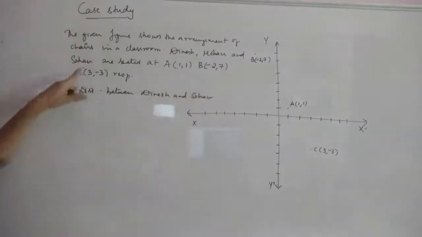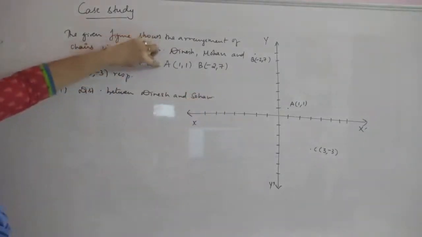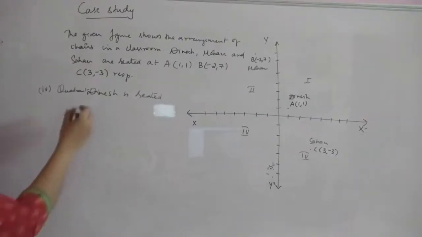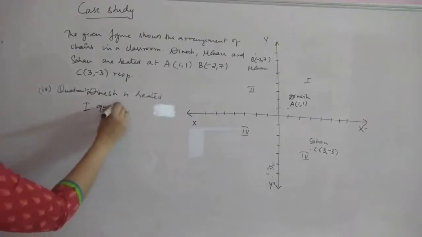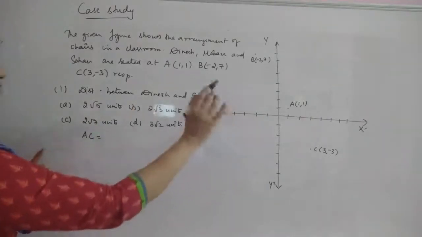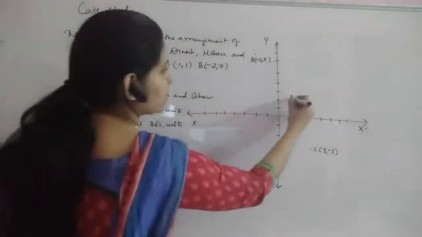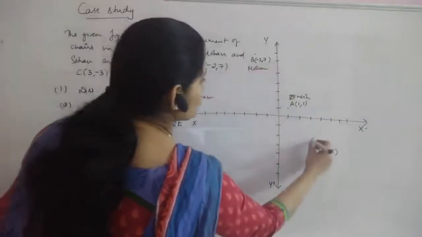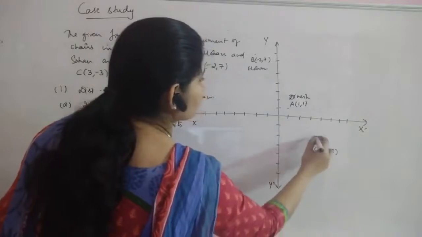So you have to first see Dinesh's position is A and Sohan's is C. So you have to find out what is AC. Okay. Where? In the first quadrant, which you have to find out is AC. A and C you can just see. So that is the main thing. So here if you write Dinesh, this is Mohan, and here Sohan, so there will be not any confusion while finding out.